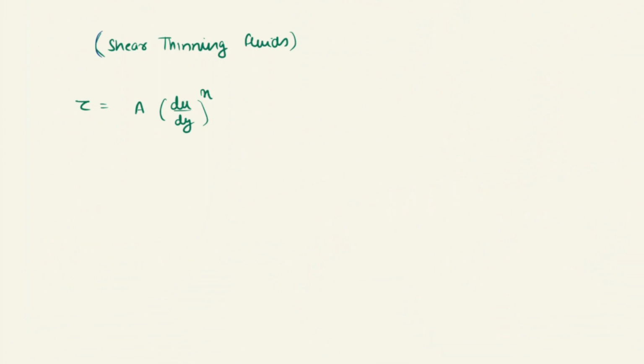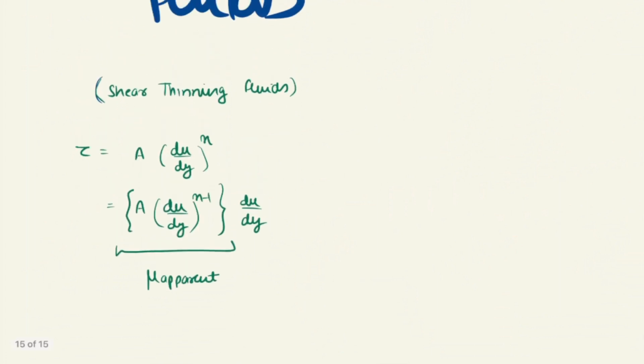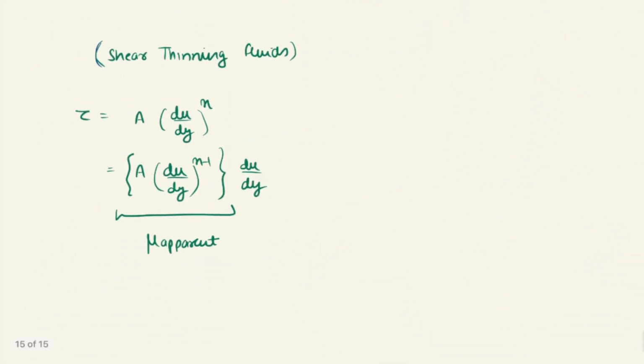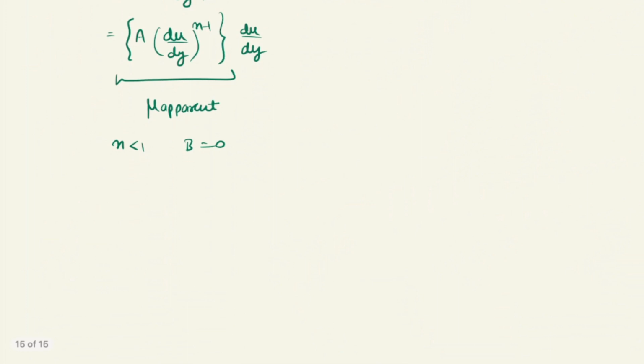We can also reframe the equation like this. So this is mu apparent. Here in the pseudoplastic fluids, we take the value of n less than 1 and b is 0, where n was the flow behavior index.